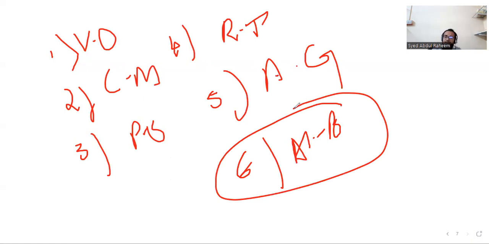Let's see where C13 works. C13 works on the buccal cavity. So we know that mandible, maxilla, we have buccal cavity.